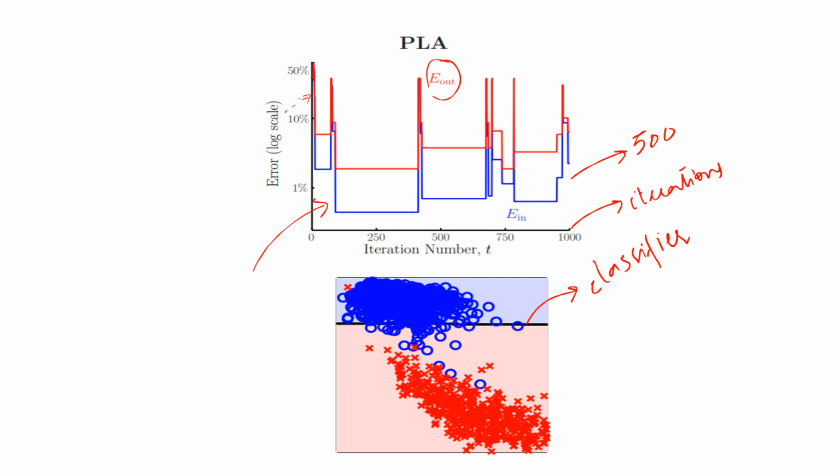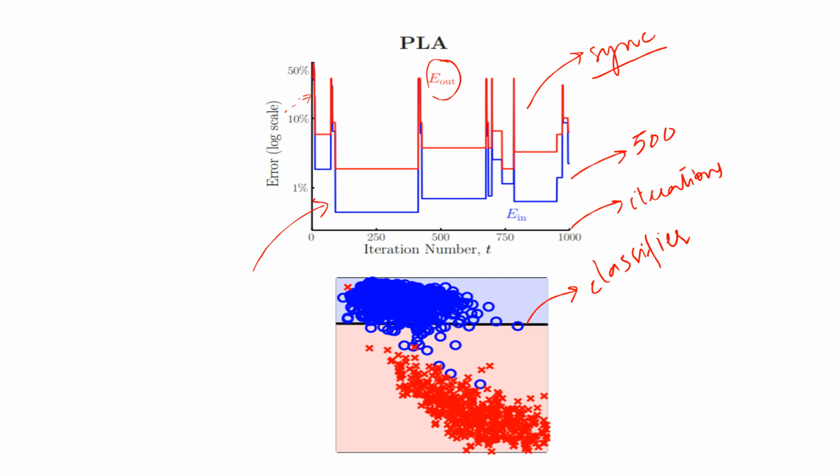So that's important. Now, another important thing to notice here is that if you look at the way the erratic behavior is going on, E in and E out are in perfect sync with one another. In fact, E out is kind of mimicking E in, and so they are in perfect sync. And why do you think that is happening? Well, that is our theory at work.